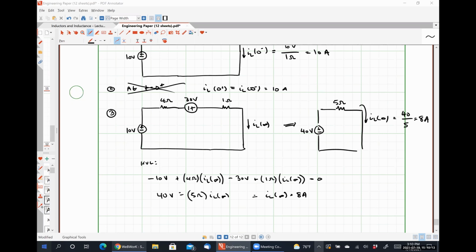Either way works. Personally, I would go the combining sources and resistances route, but the Kirchhoff's voltage law method doesn't really take that much longer. It's a simple single loop circuit, so I understand why you would want to use KVL, because I think I told you guys whenever you have a single loop circuit, use KVL. So that seems reasonable to me.